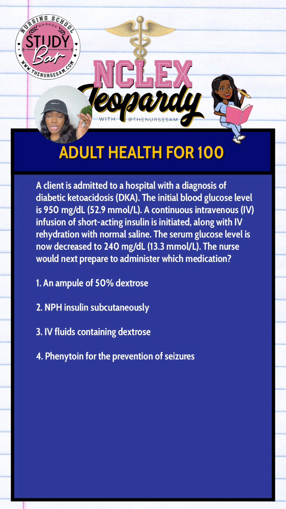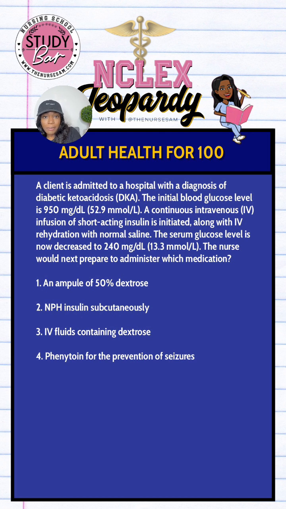All right. The nurse would next prepare to administer which medication? Let's look at our situation. We have a client that was diagnosed with DKA or diabetic ketoacidosis. What do we know about DKA? We know that the blood sugar is super high, and their blood is acidic.